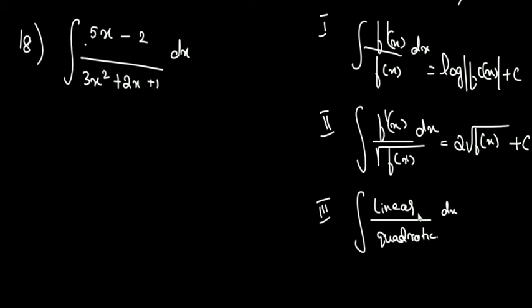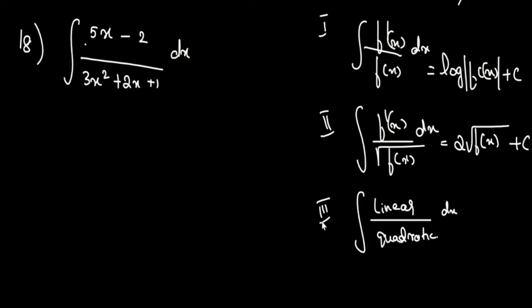So when the differentiation is not there but you have a linear function like this, some constant will be missing, and you have to find that constant.